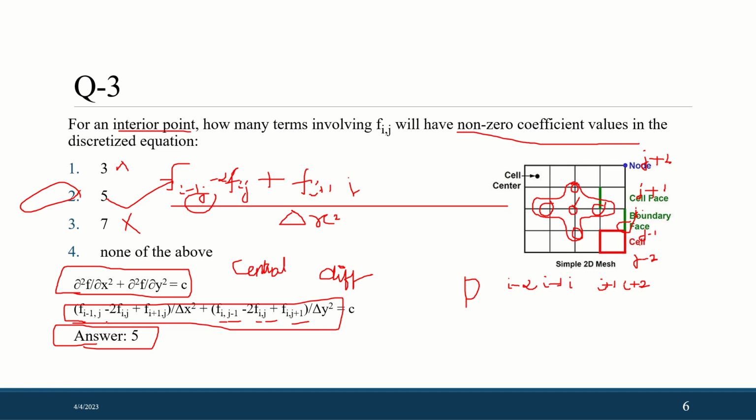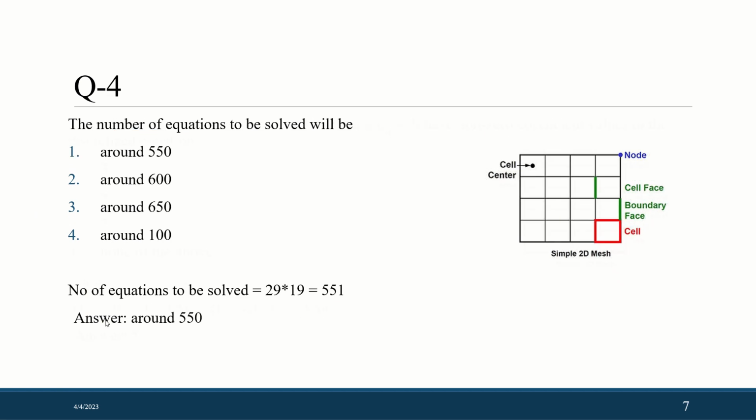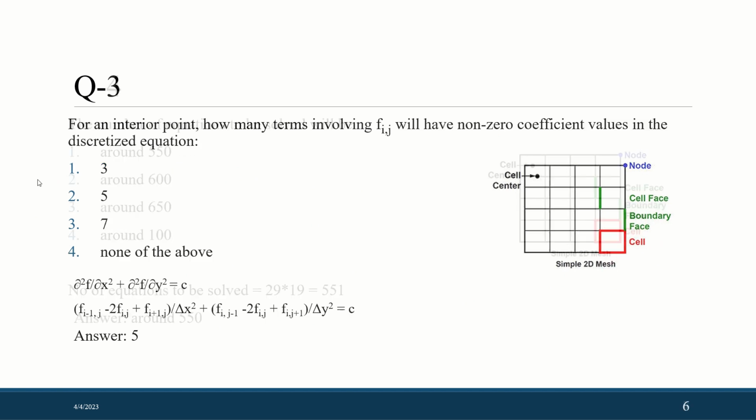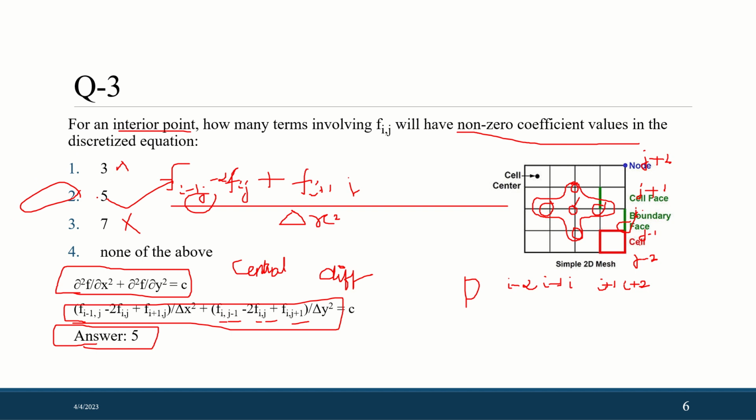So now we'll move on to the next question. The number of equations to be solved, when we are solving for the Poisson equation. In this it is given that ∂²f/∂x² plus ∂²f/∂y² is equal to c.